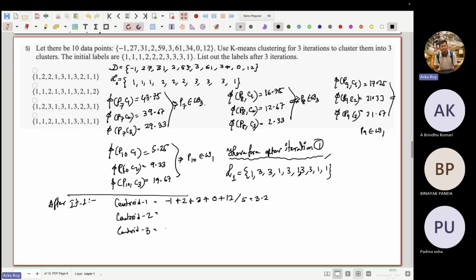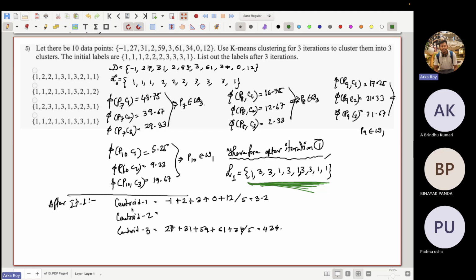And for class 3, it would be 27 plus 31 plus 59 plus 61 plus 34 divided by 5, which is 42.4. And surprisingly, you will see that there is no data which basically comes under label 2.